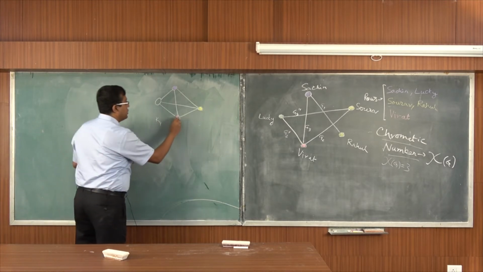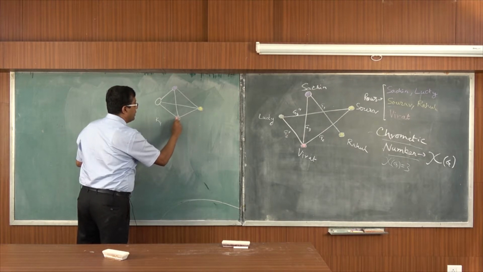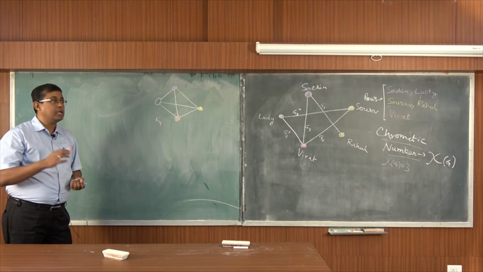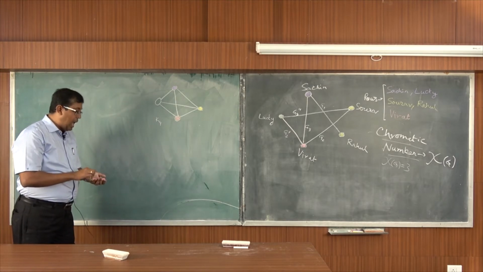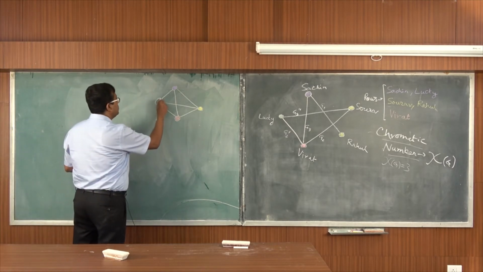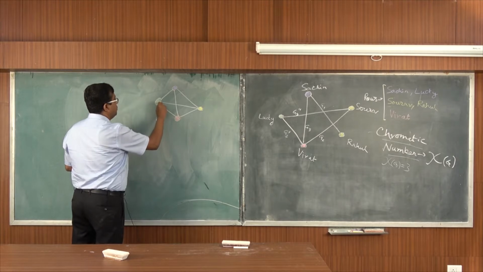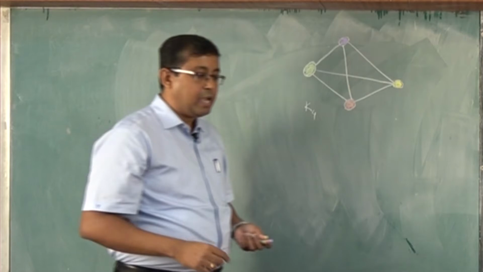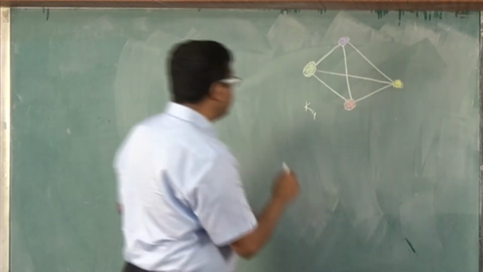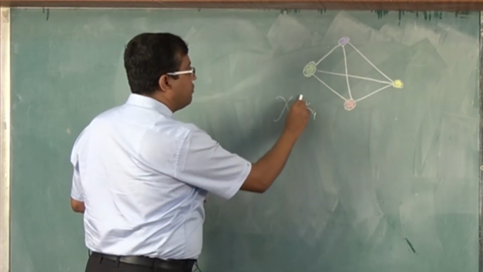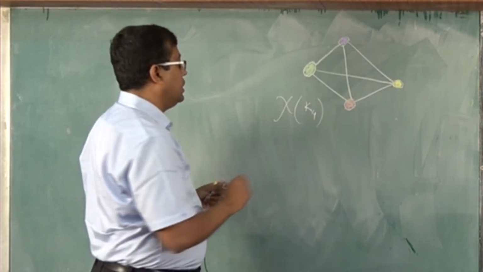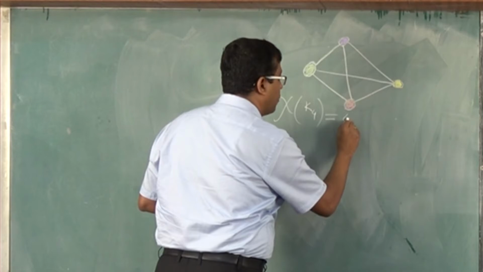I use red for the third vertex, but again the fourth vertex is adjacent to the third vertex. I cannot use red, and that's why I have to use a fourth color, which is green, for the fourth vertex. So that means my chromatic number, chi of K4, of a 4 vertex complete graph, is equal to 4.